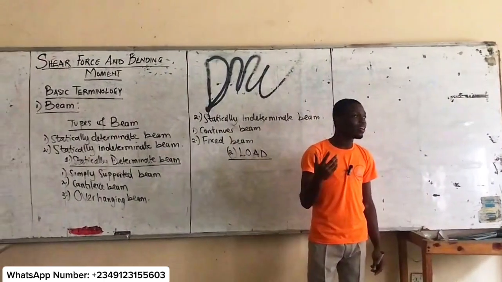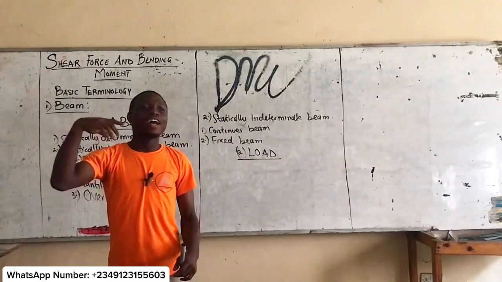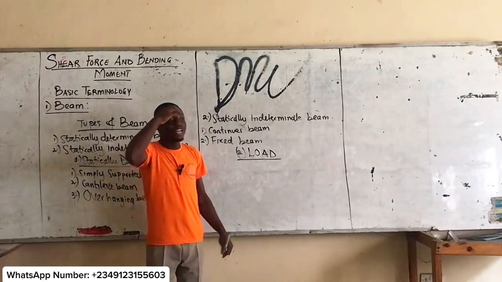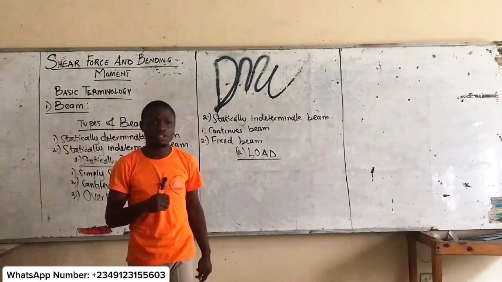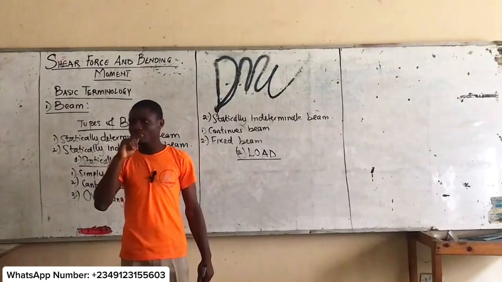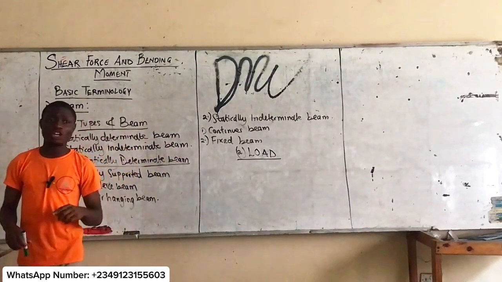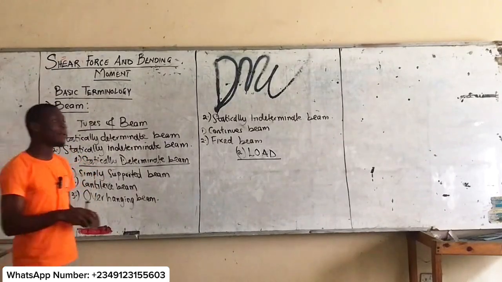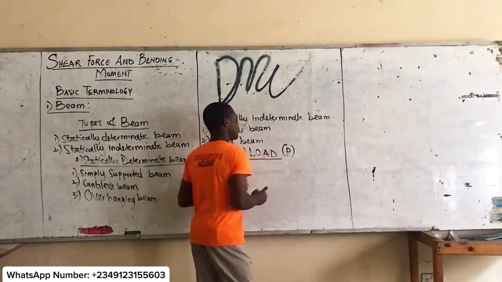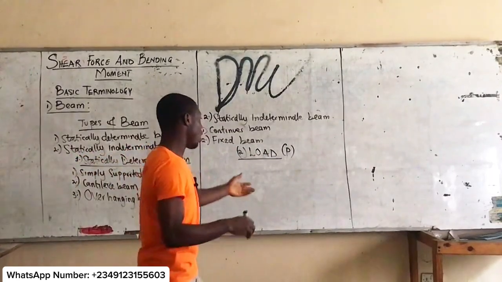No, the load can be defined as a force acting on an object. A load is simply a force that acts on a structural member. It's represented by P. So we use P to represent load.